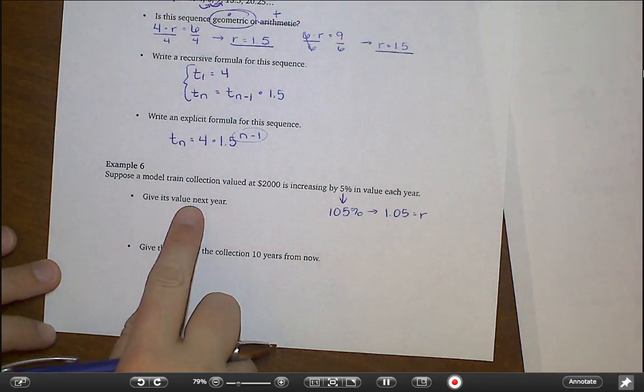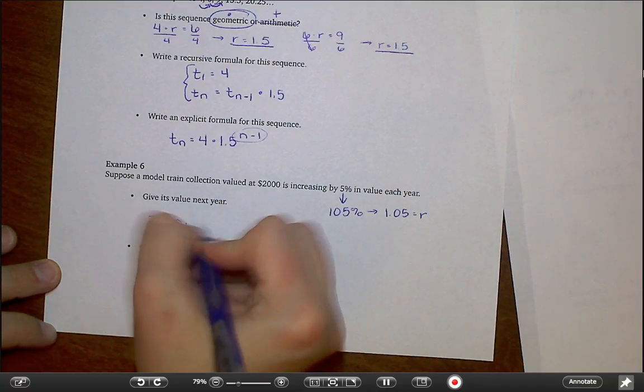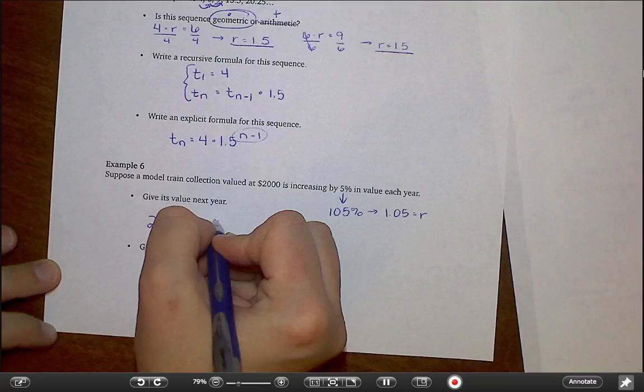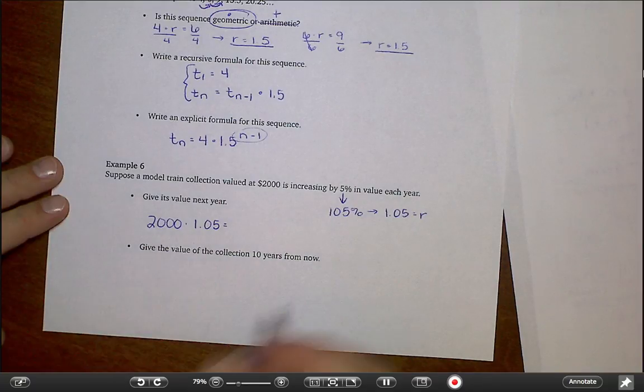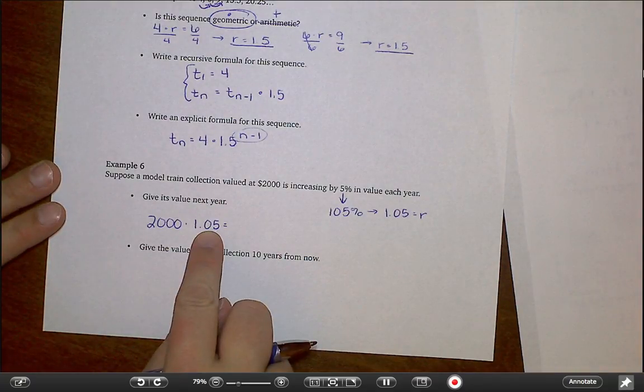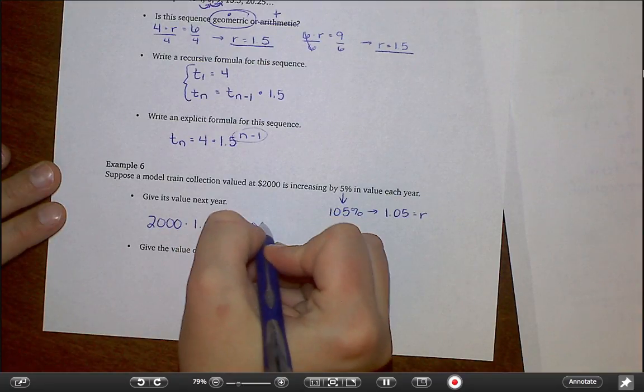So 1 year from now, it's going to be 2,000 times 1.05. I believe that 5% growth should be $100. So it's going to be $2,100.